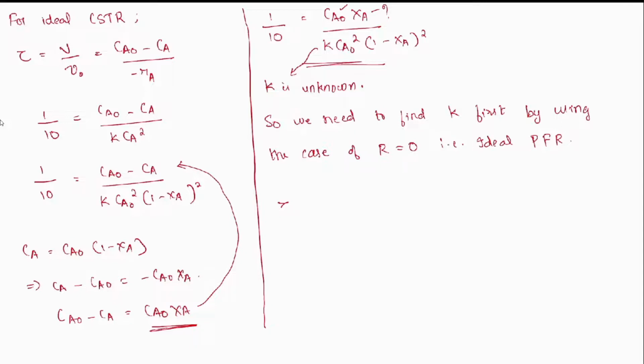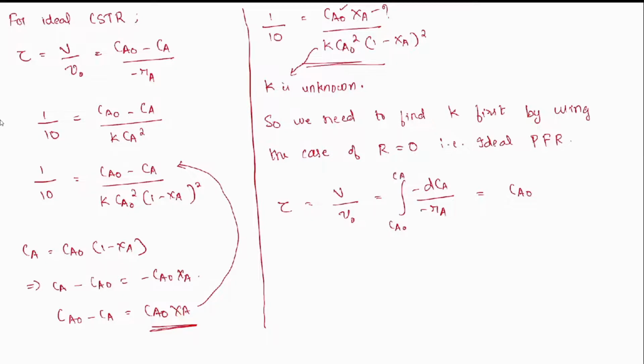Once we find K from the PFR case, we substitute it in the CSTR case and find the conversion. For PFR, the design equation is tau equal to V by nu 0 equal to the integral of minus dCA by minus RA.